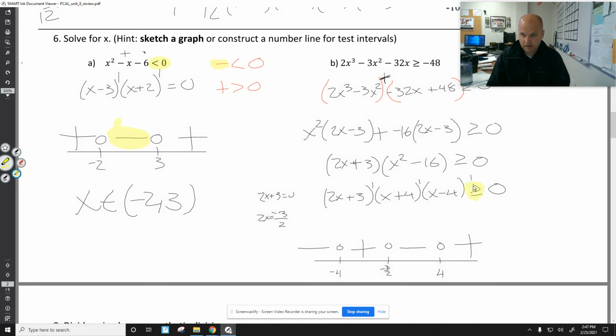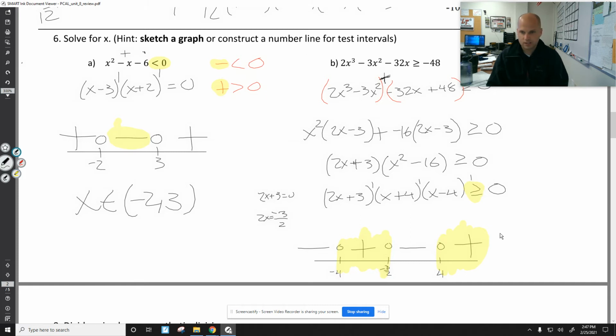When are we greater than or equal to 0? Positive values are greater than 0, and zeros are equal to 0. So we need the interval here, including the 0, and the interval here.